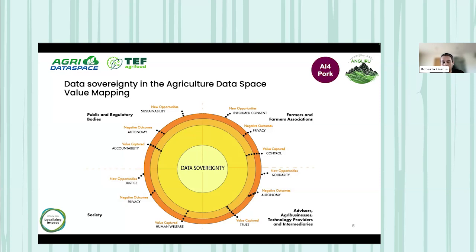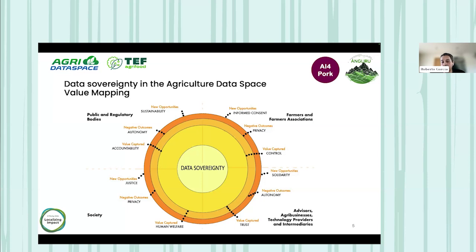Some of the stakeholders will perceive also that some of their values are impacted negatively by the fact of putting sovereignty in place. Like the same for public and regulatory bodies: if they are not able to collect the data without consent, they will also be impacted negatively in that sense. But the more data that they can get access to will increase accountability.